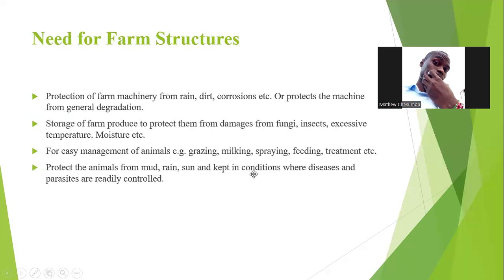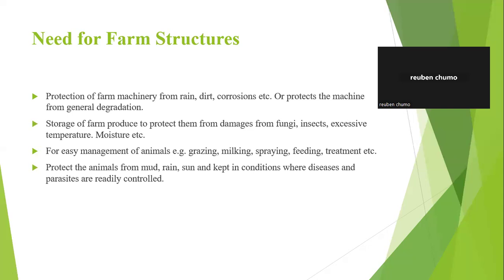So next we are going to look at the need for farm structures. Why do we need to have farm structures in our homes? Yes, Ruben.